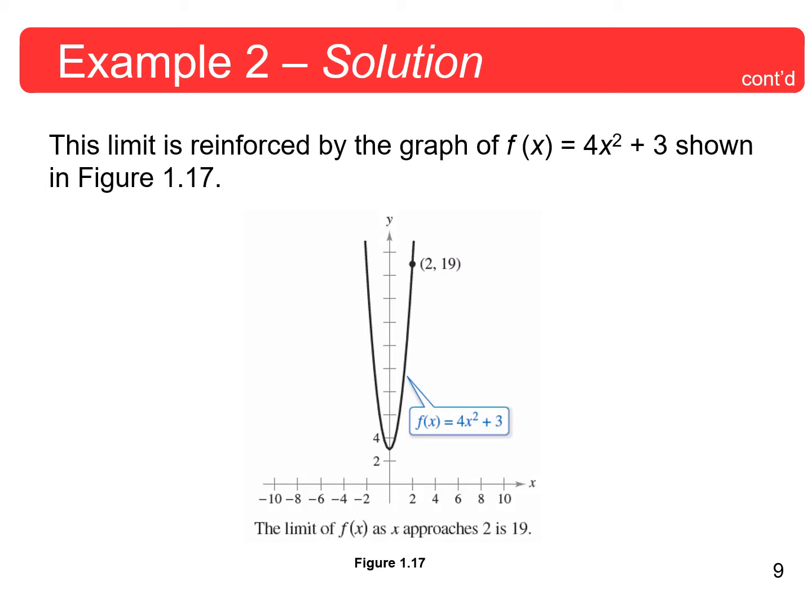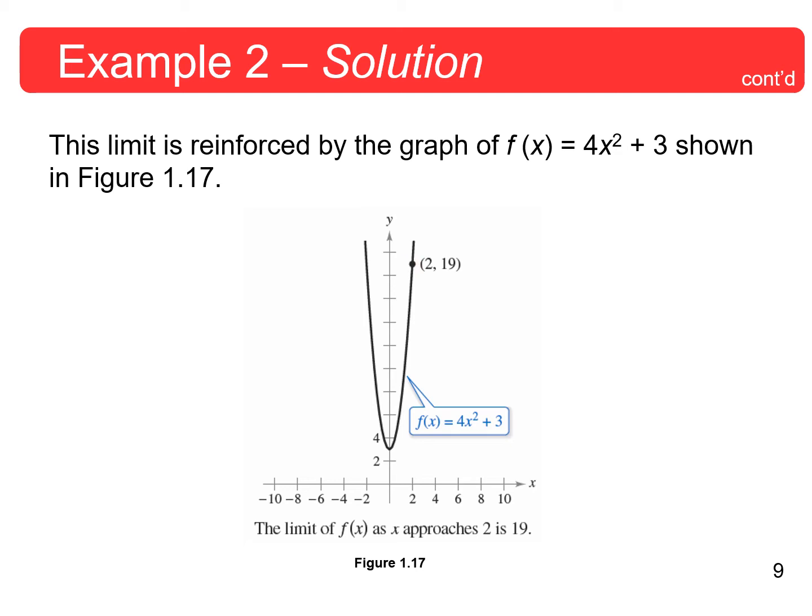Our result can be verified by looking at the graph of the function f of x equal to 4x squared plus 3. So this is the graph of that parabola. And if we evaluate the function f of x equal to 4x squared plus 3 at x equals 2, we get 19. And this is actually that point here.